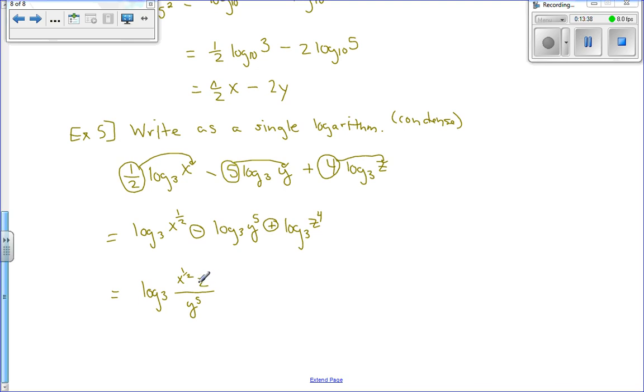Because it's positive, the z to the 4th goes in the numerator. Okay, all negatives go in the denominator. And all positives go in the numerator.